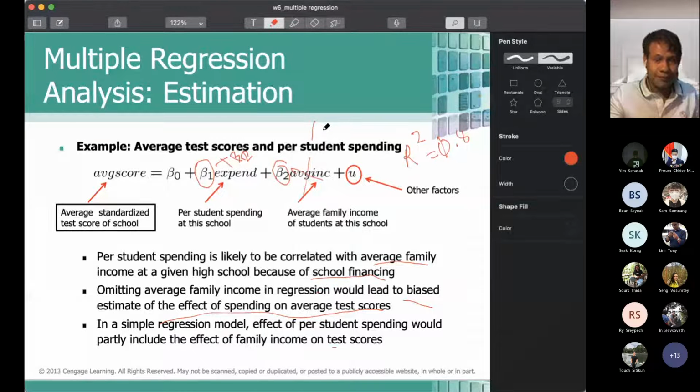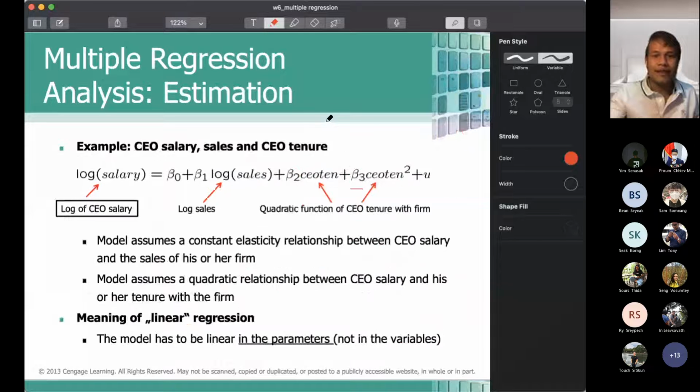All right. Next, here is an example that goes through the third motivation, that you need a more flexible form. For instance, in this example, you use log salary, you also use log sales, and you also include a quadratic function of CEO tenure with the firm.